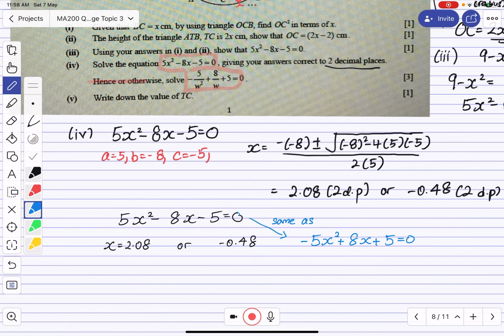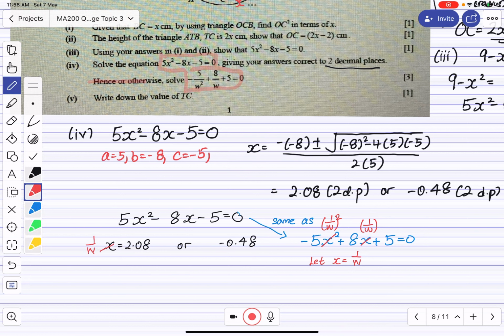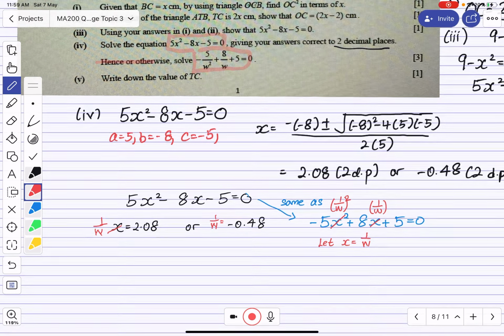What I can do is take a suitable substitution by letting x be replaced by 1 over w. I'm just replacing x with 1 over w, and if I can replace it in the question, similarly I can also replace it in the solution, which means that 1 over w is either 2.08 or negative 0.48.